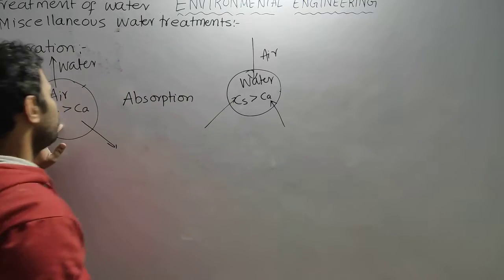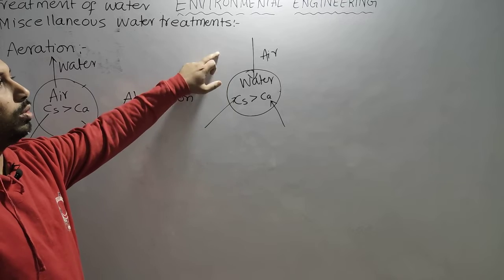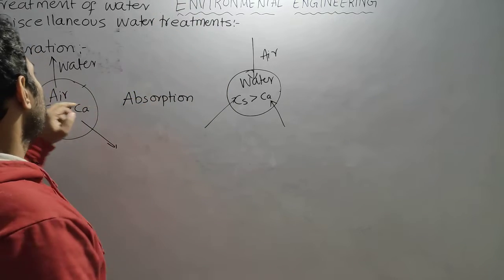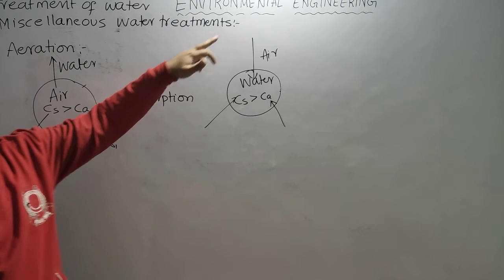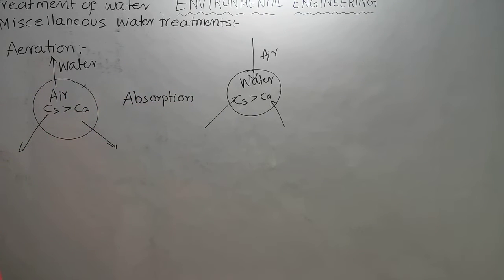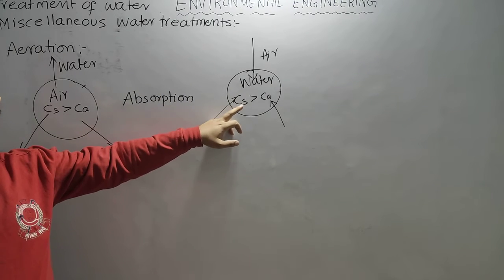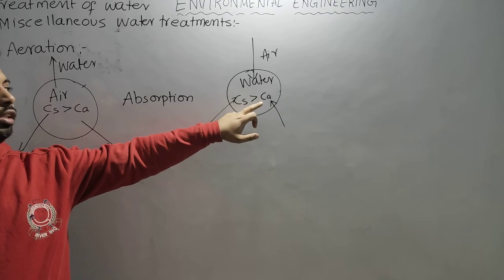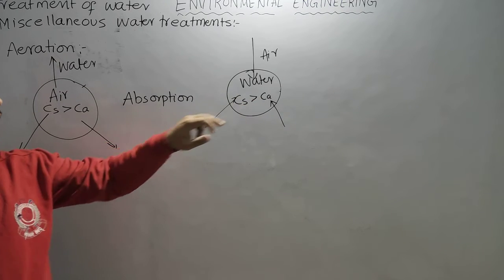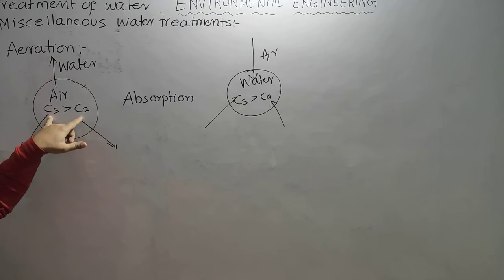When air is outside, from air into the water, this is absorption. This flow happens only when the saturation is more than the actual. Here the actual in the water is lesser.